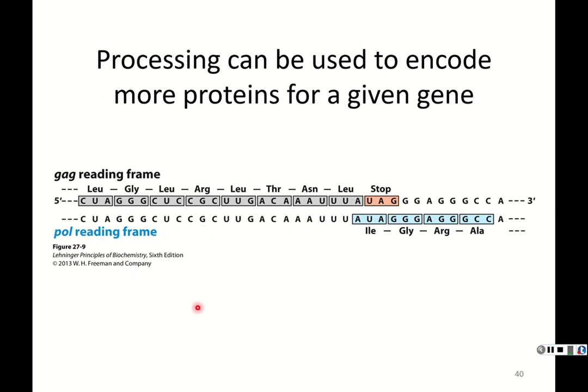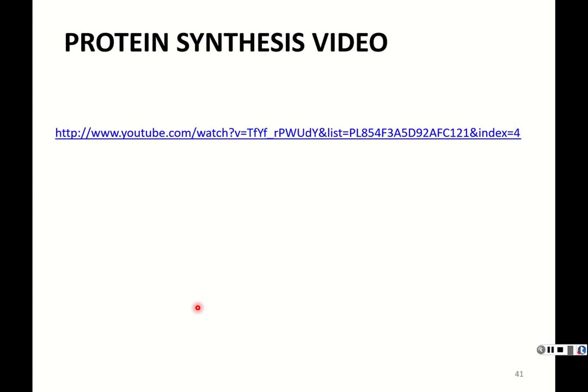So just being able to edit this in using the same DNA, or in this case it's a retrovirus, so the same RNA genome can encode for multiple protein products, and that's one of the ways. A protein synthesis video is included here, so if you want to see this visually, this is a good video I found that shows this process.